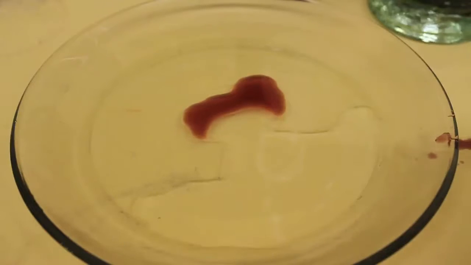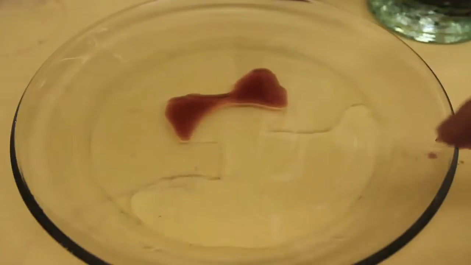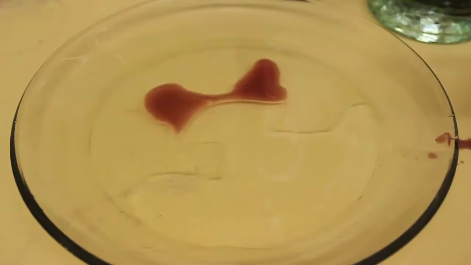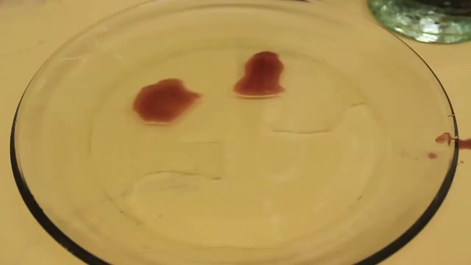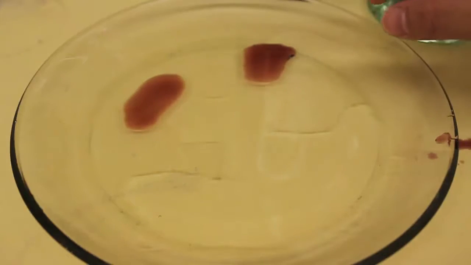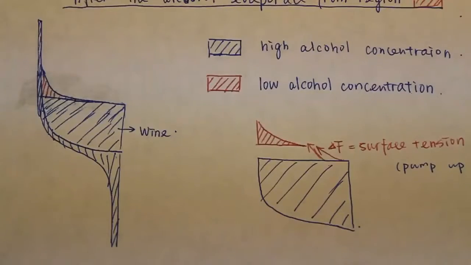We can see that the rum is pushing really hard on the wine right beside the boundary, and even separates the wine into 2 drops. From this experiment, we know that the high concentration liquid, rum, pushes really hard on the low concentration liquid, wine, until they dissolve into each other.